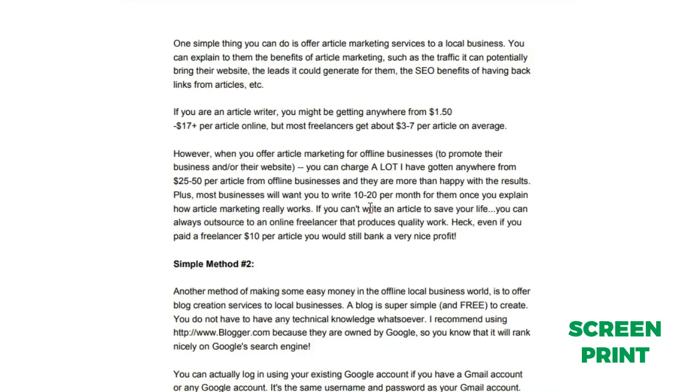You can explain to them the benefits of article marketing, such as the traffic it can potentially bring to their website, the leads it could generate for them, the SEO benefits of having backlinks from articles, etc. If you're an article writer, you might be getting anywhere from $1.5 to $17 per article online, but most freelancers get about $3 to $7 per article on average.